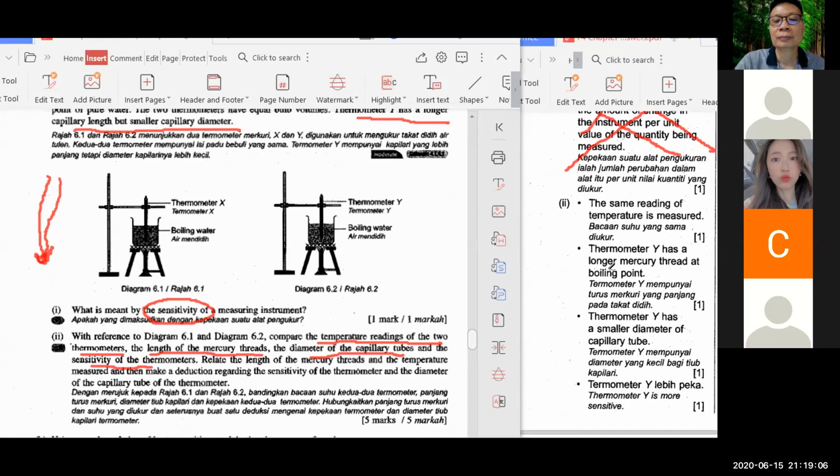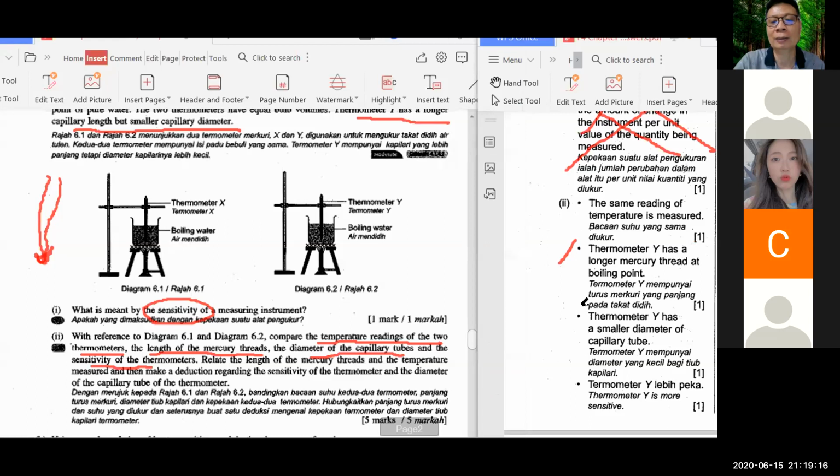Why has longer mercury thread? Because the thermometer capillary length is longer. Next, why has smaller diameter of capillary tube? Also mentioned in the question. And why is it more sensitive? So all four answers: 1, 2, 3, 4.